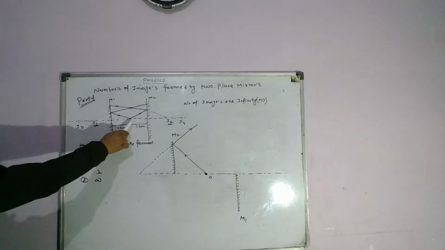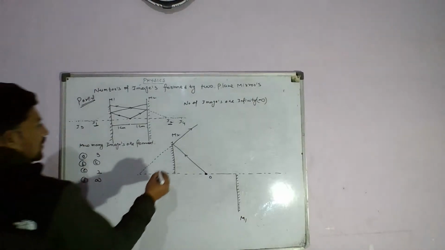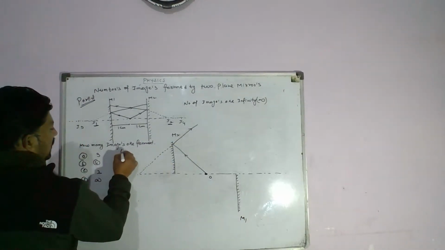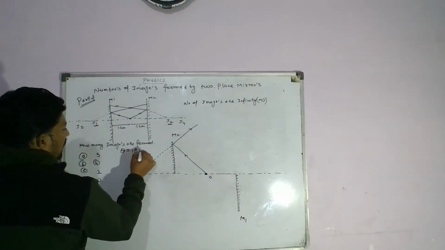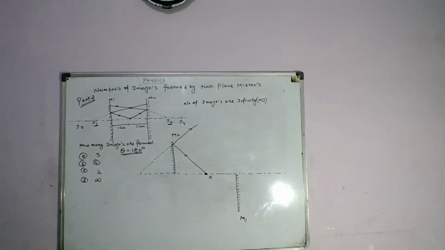Here you can see the number of images is infinity, but not all plane mirrors form infinite images. There is one more point here. If theta is equal to 180 degrees, that is the condition.